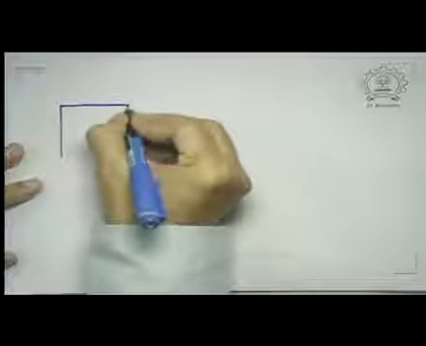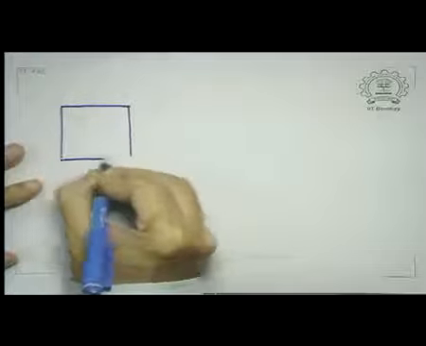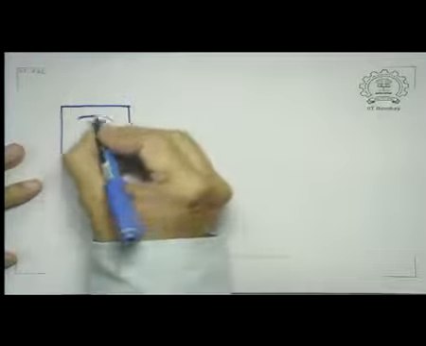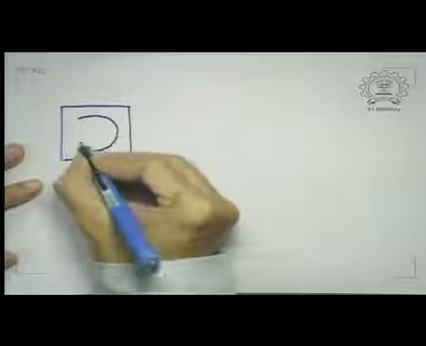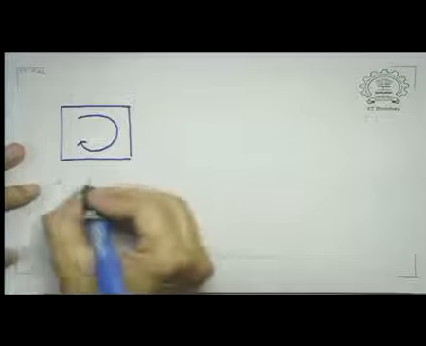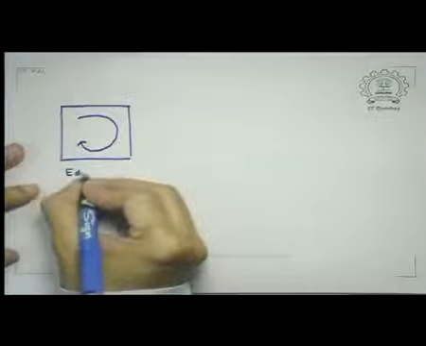So if there is a single block, then the eddy currents which will flow on the surface would be something like this. So this is the eddy current.